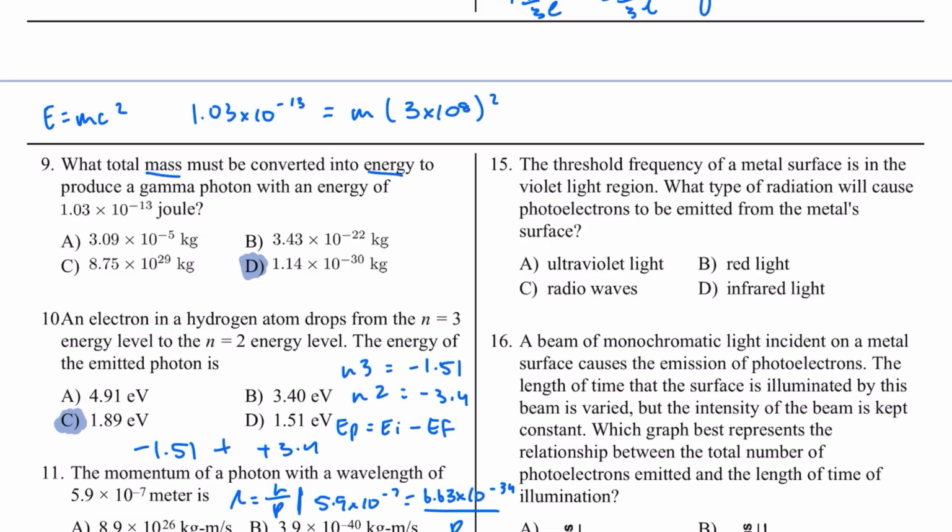15. The threshold frequency of a metal surface is in the violet light region. What type of radiation will cause photoelectrons to be emitted from the metal surface? So this question talks about violet light, so that's our hint to look at the electromagnetic spectrum on the reference table. Remember that threshold frequency is the minimum frequency for photo emission to occur. No electrons will be ejected under this frequency level.